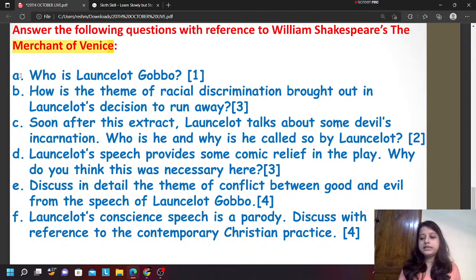Who is Lancelot Gobbo? Who is this person? There is only 1 mark, so it is going to be a short answer.